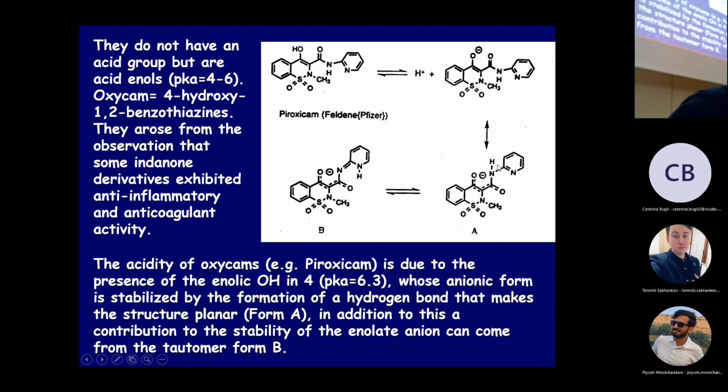The stabilization of the conjugate base, you see, through the delocalization of the minus charge. The pKa is about 6.3, so it is comparable with the pKa of the other classes, derivative of propionic acid, of acetic acids, and so on.